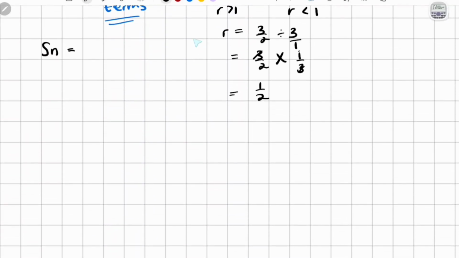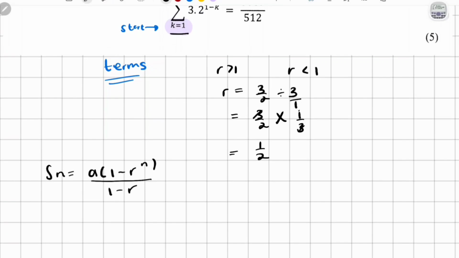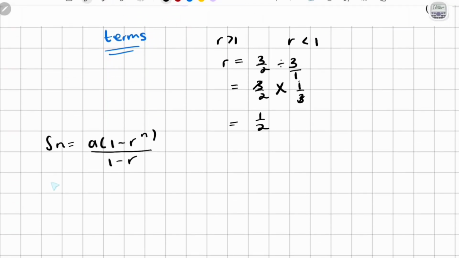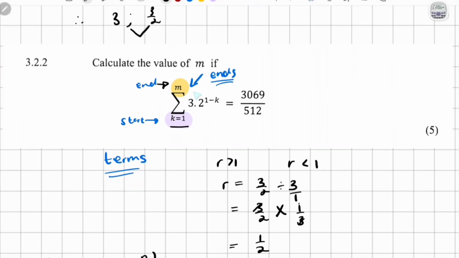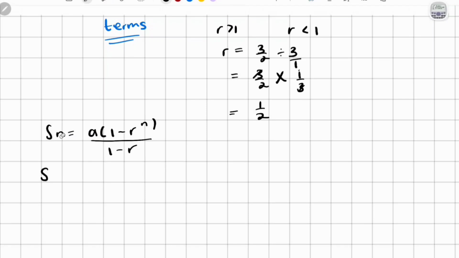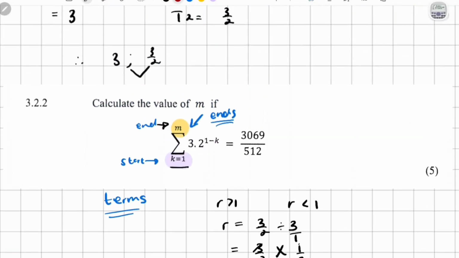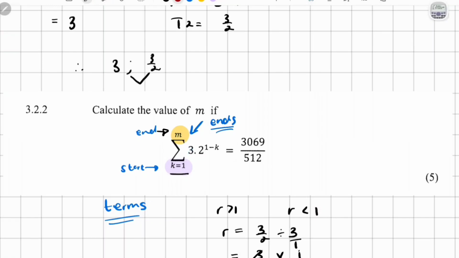So let me put that down. We are saying the sum of how many terms? Well, remember how I said that here, because k is equal to 1, the number that you have here is literally the amount of terms that you have. So since we have m here, the amount of terms that we have, we would also call m. But let me also give you a formula to find out how many terms there are in a series.